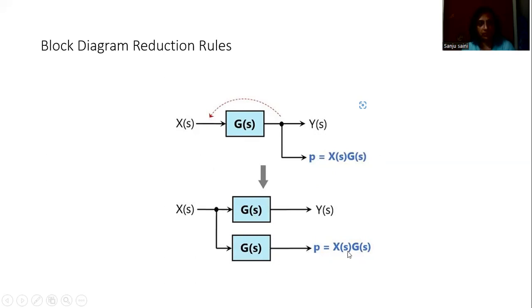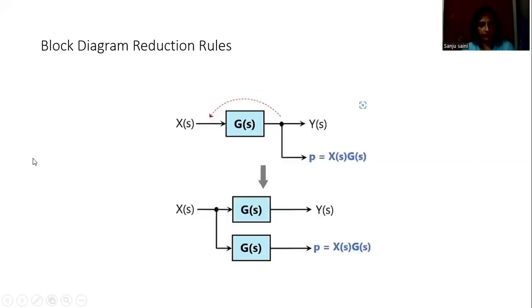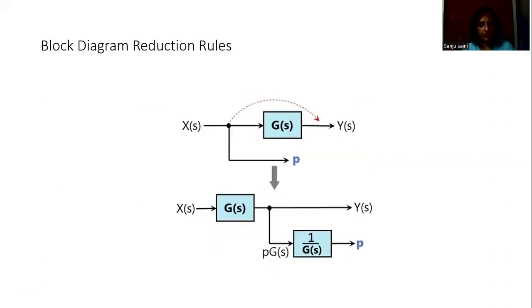So P will become equal to X(s)G(s) only in case we connect a transfer function block over here. So what becomes the rule? The rule is that when the takeoff point is shifted in the forward direction, then we have to add a transfer function equal to 1 divided by G(s) in the forward path.